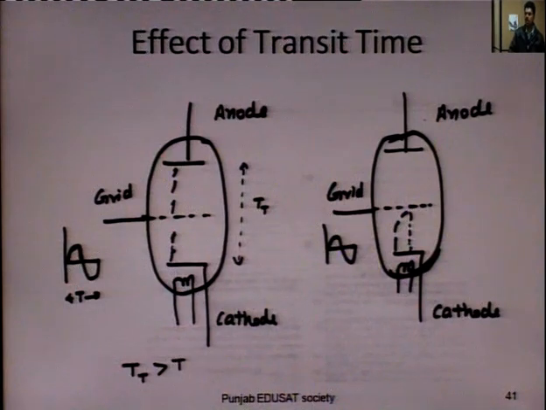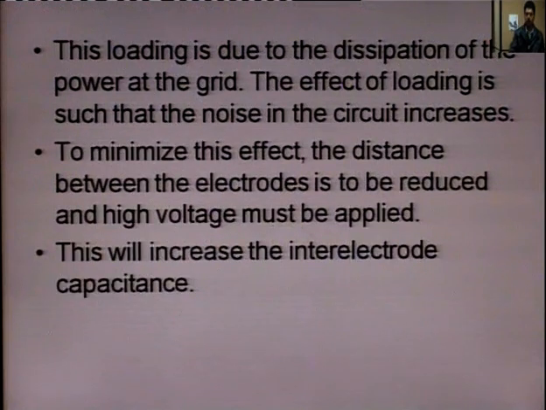Due to this transit time effect, at microwave frequency, a vacuum tube cannot be used. This will cause loading of the grid. Most of the voltage you are giving at the input terminal will be lost across the grid, and grid losses will increase.